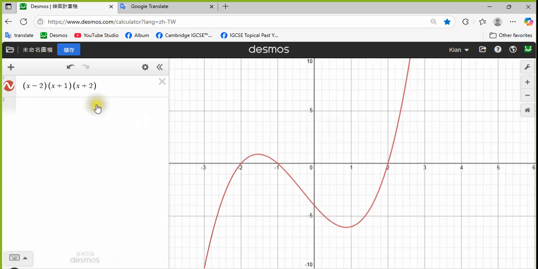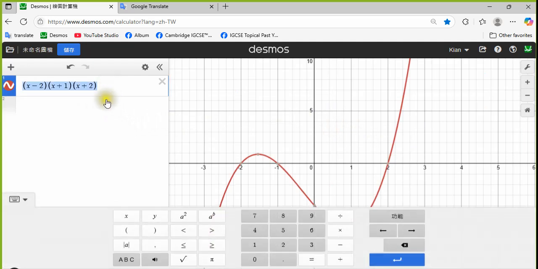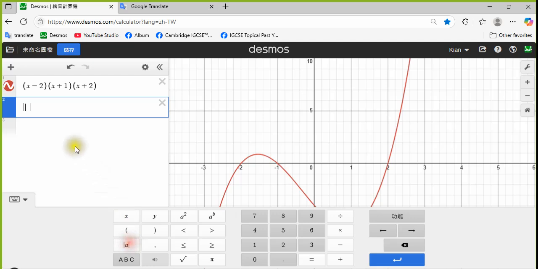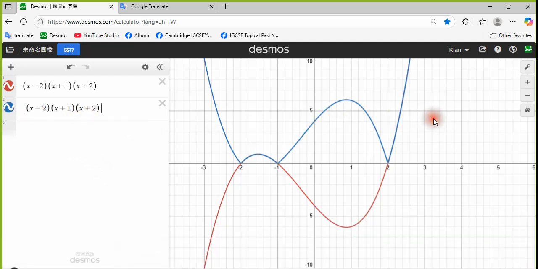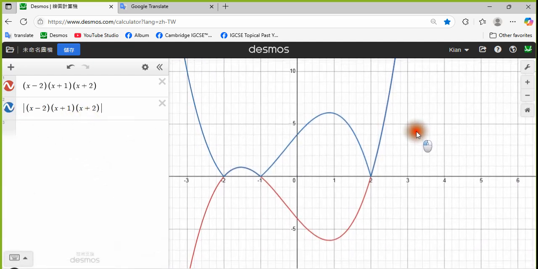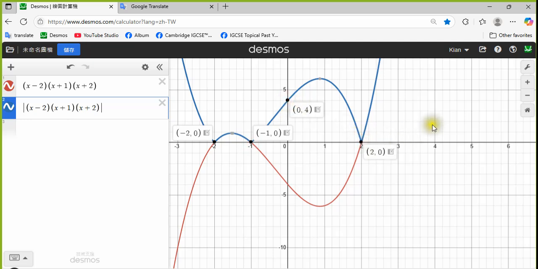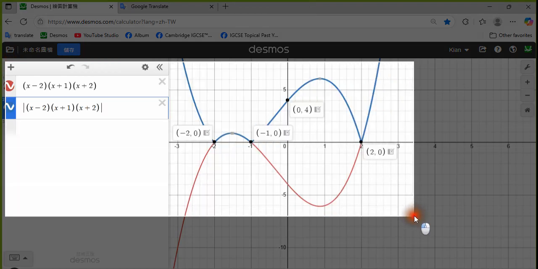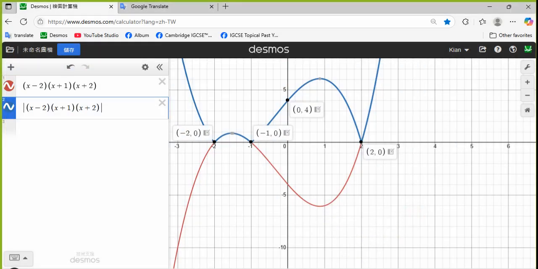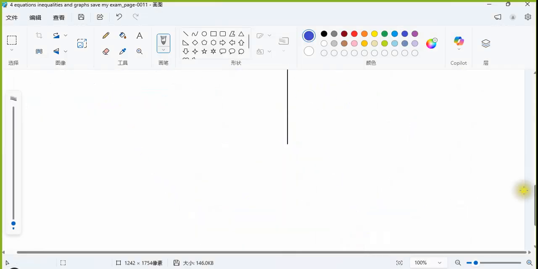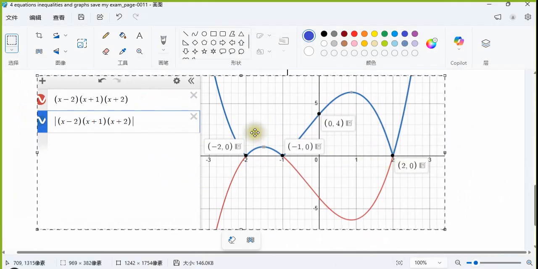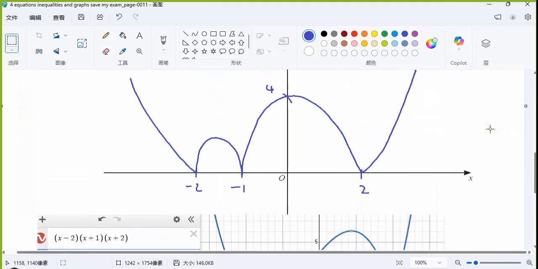And then for this case we have the modulus, so this is how the graph looks. We have negative 2, negative 1, 4, and 2 here. So this will be the answer, the blue color one.